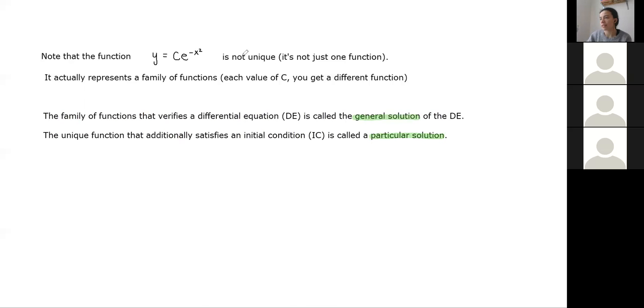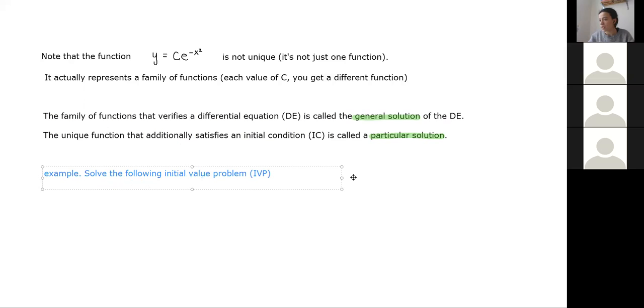So, as an example, we're going to start by finding the particular solution to problems for which we already know the general solution. Example: solve the following initial value problem.